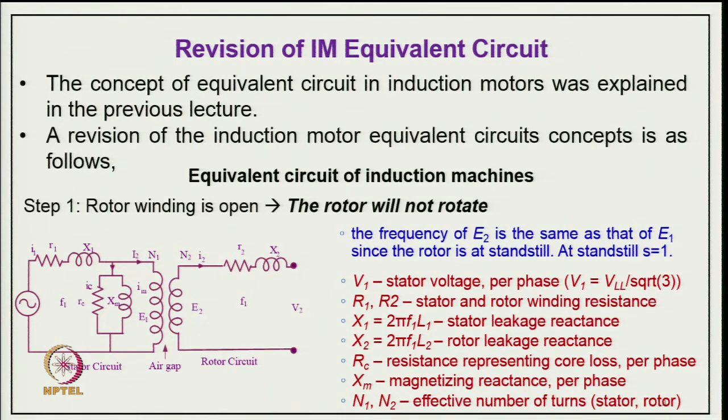Here we have an air gap through which the voltage is induced from the stator voltage to the rotor voltage. Under the blocked rotor condition, the rotor is not rotating, so the voltage has the same frequency, similar to a transformer. We have the resistance and leakage reactance at the stator frequency, and all these parameters are defined here.